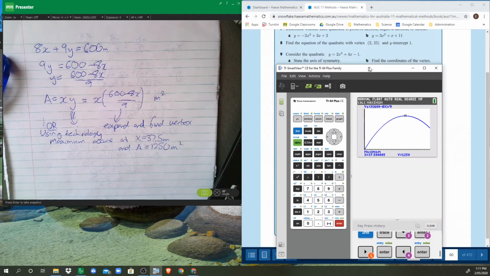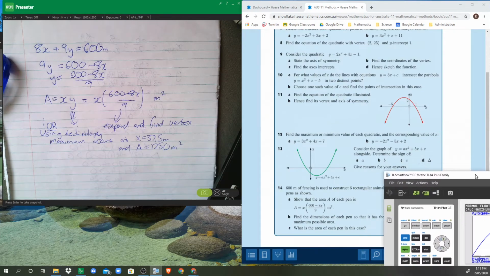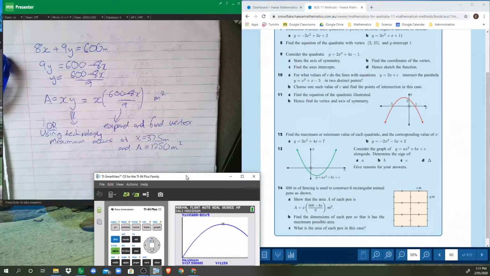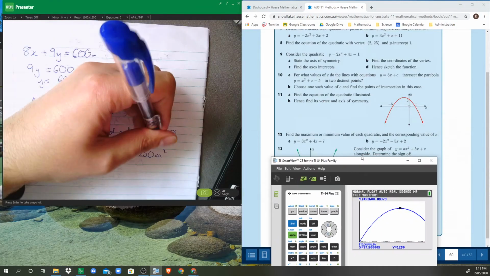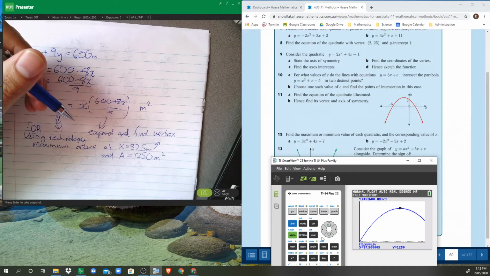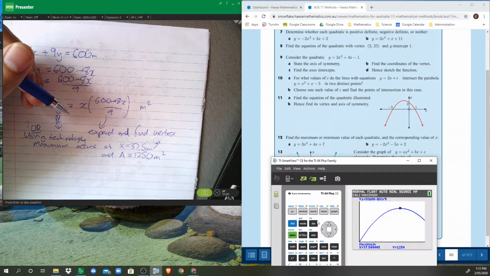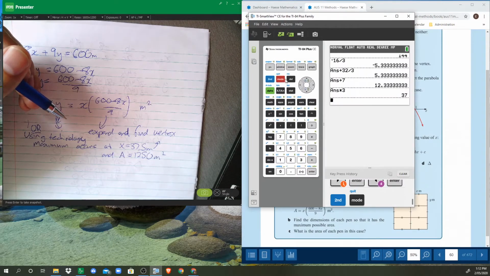Do we have to do anything more with that? I've done both parts. Find the dimensions. I haven't quite answered the question in terms of dimensions because I haven't found y. Let's go back to our calculator, back to this mode.